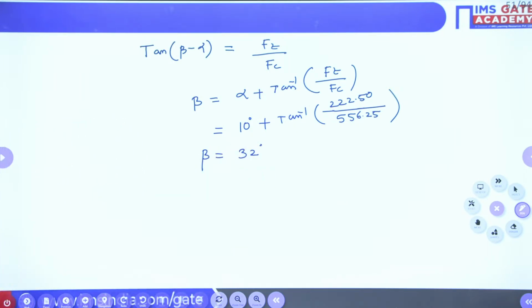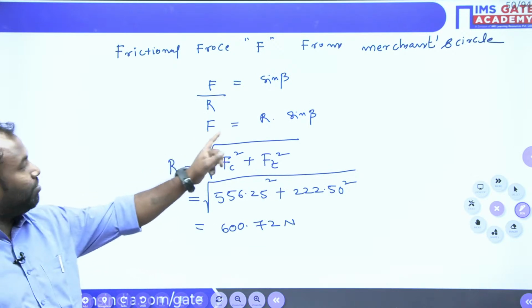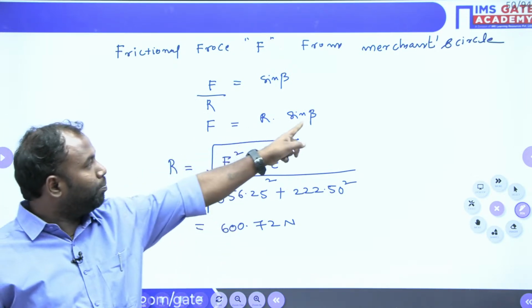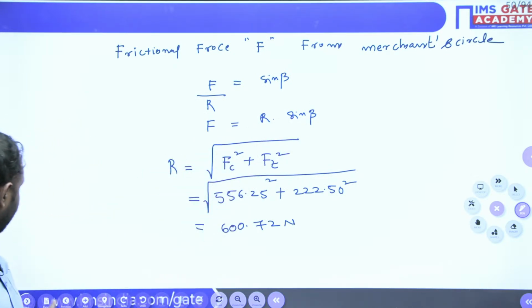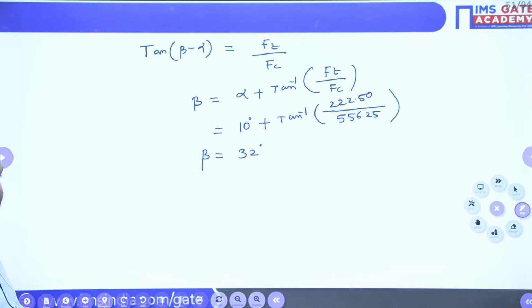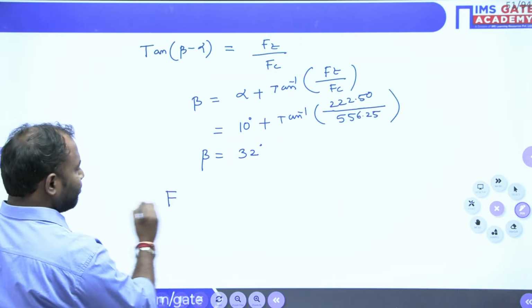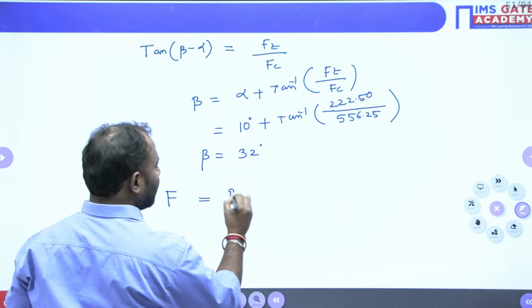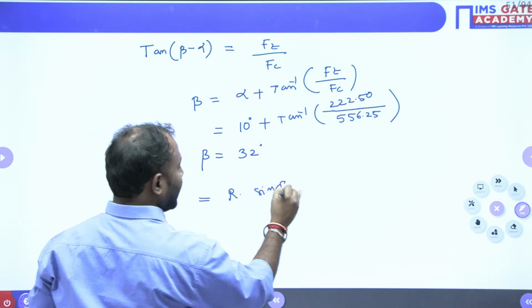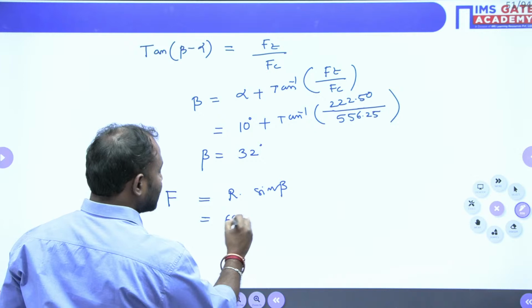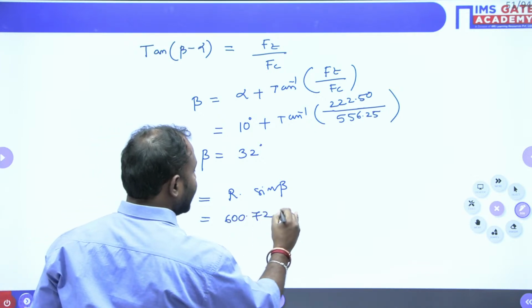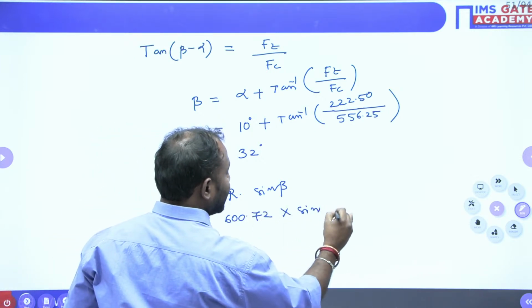Now for calculating the F, I require R. R I found, beta friction angle I found, that is 32 degrees. So F is equal to R into sine beta. R is equal to 600.72 newtons into sine of 32 degrees.